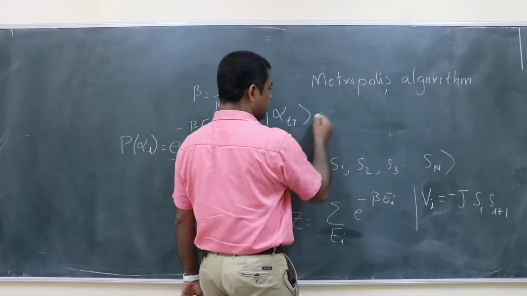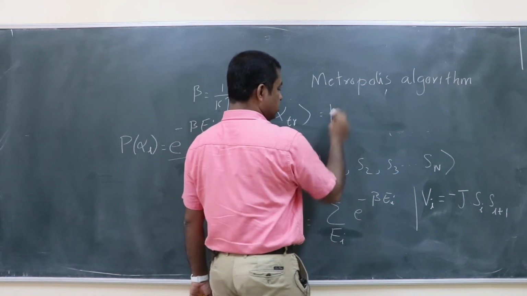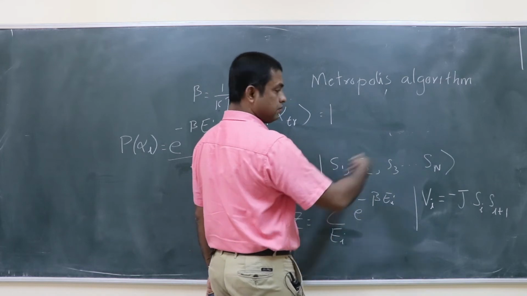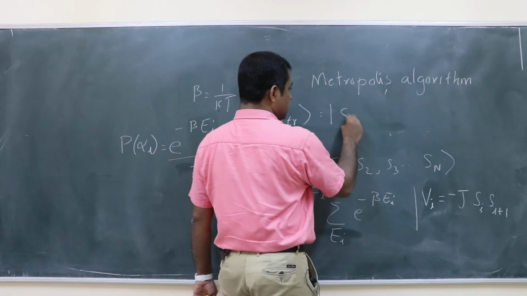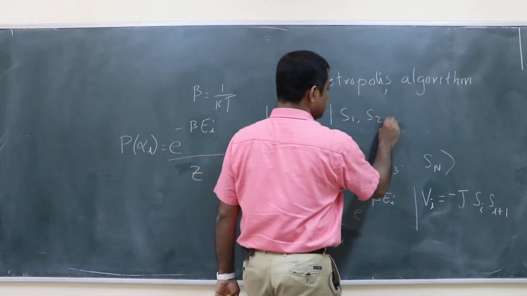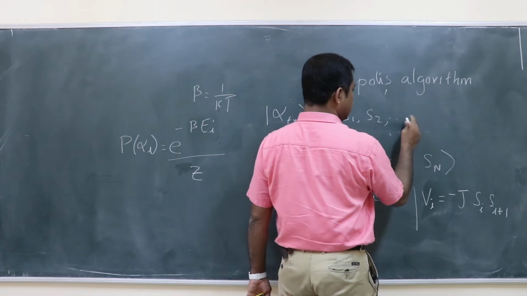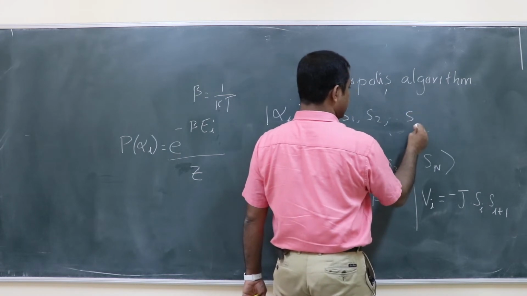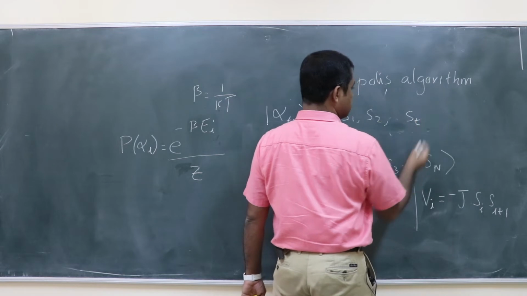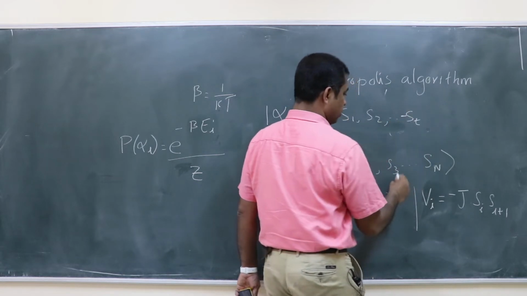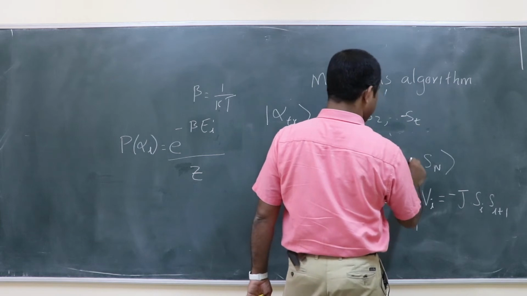That flipping can be on any spin, which you choose randomly. Whichever spin, say the i-th spin, you flip to minus.